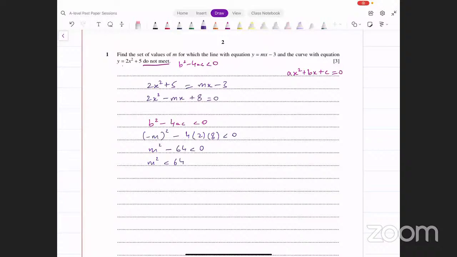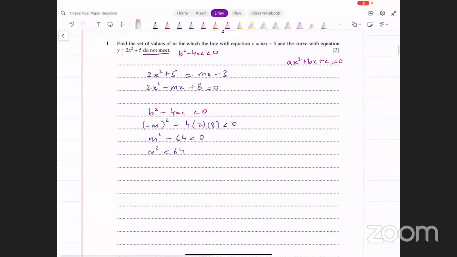What do we do at this point? Whenever you have a quadratic inequality, what you do is you treat it as an equation and find the x-intercepts first. Let me actually just do it at this point. m squared minus 64 equals 0. What does that give you?